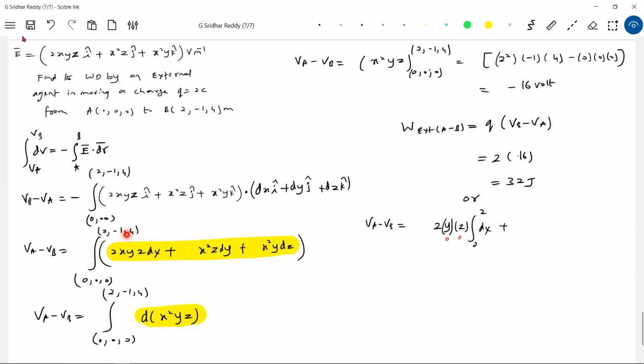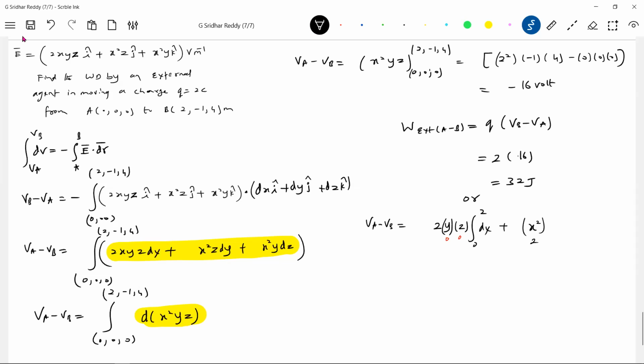So the limit, then it should be here x square. The value of this is 2. What is the value of z? The value of z is in fact 0. Then you are going to integrate along the y-axis. Then what should be the limit? 0 to -1. Now you are at 2, -1, 0.